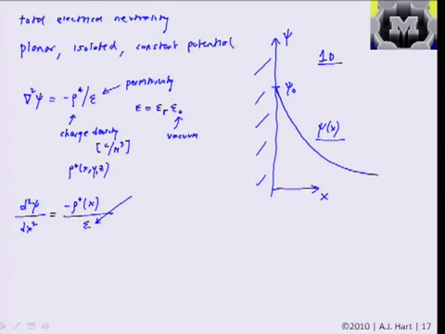And we'll say that our permittivity is a constant, a material property. And our boundary conditions are that the potential at the surface is our assigned surface potential, and that the potential at infinity, or far away from the surface, is equal to 0.